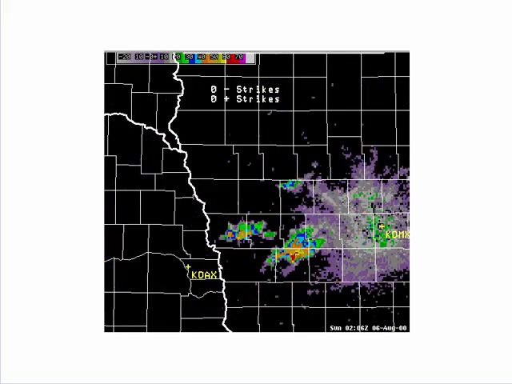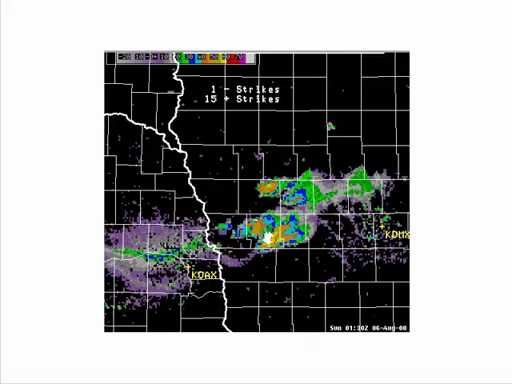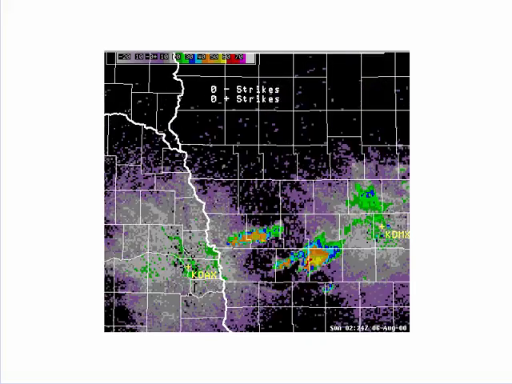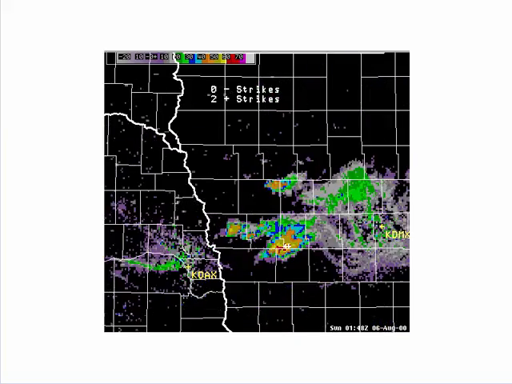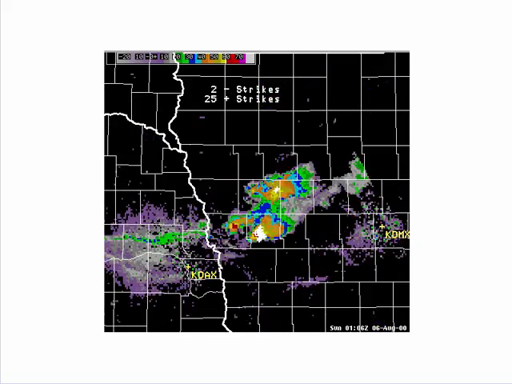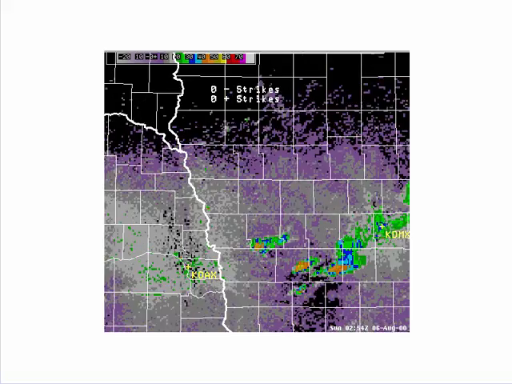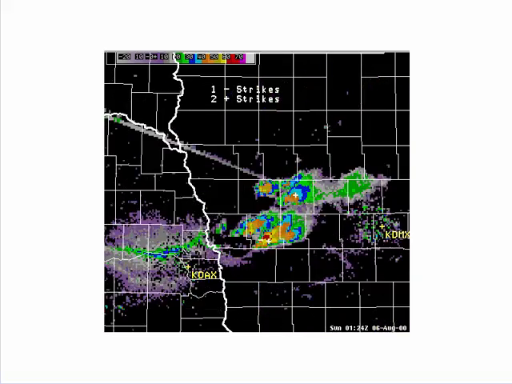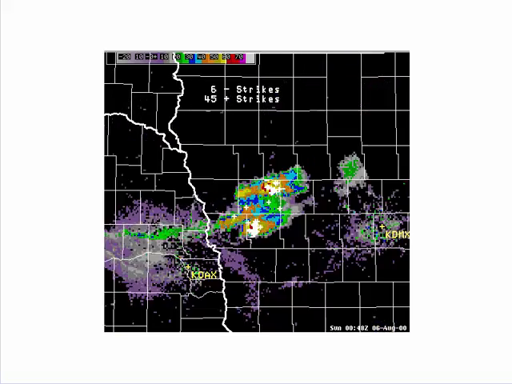Well, if we overlay the lightning data here, we see a pretty good correlation between when the flash count starts to go down considerably and when these storms start to weaken and finally dissipate. So again, another use of the lightning data in terms of helping you in your warning decision-making process, in terms of answering the question of when to stop issuing those warnings.